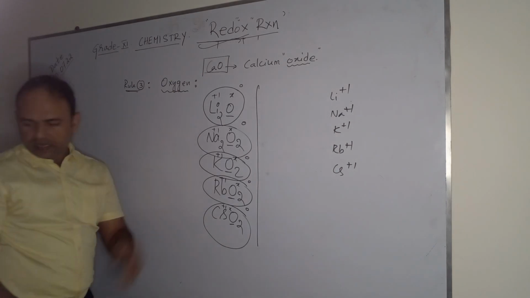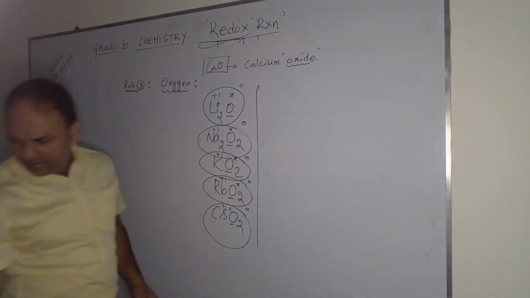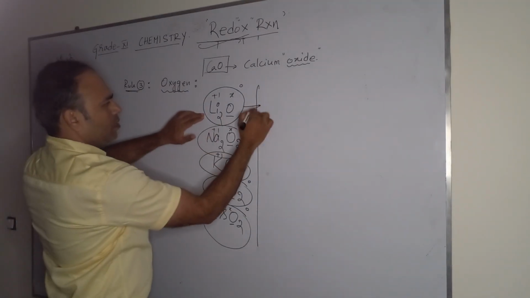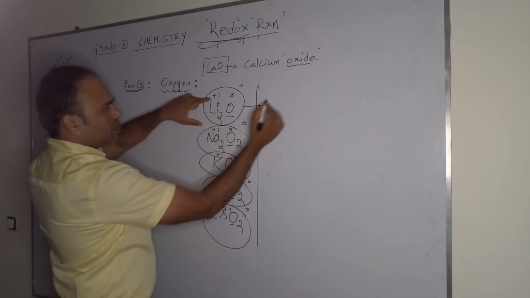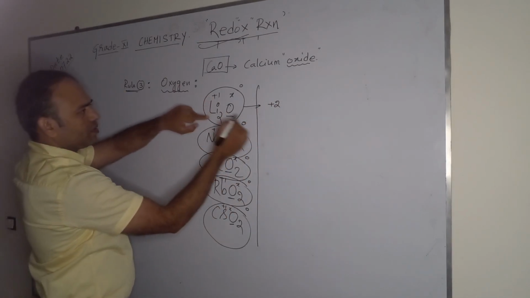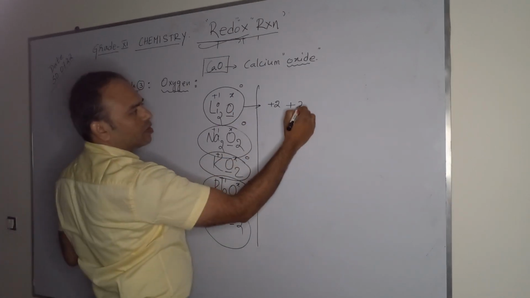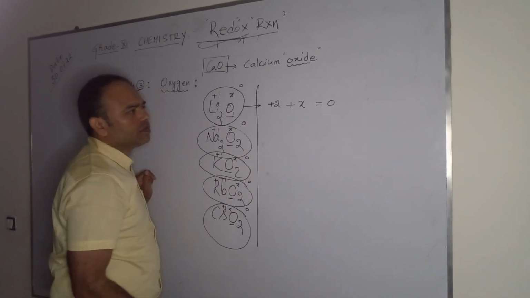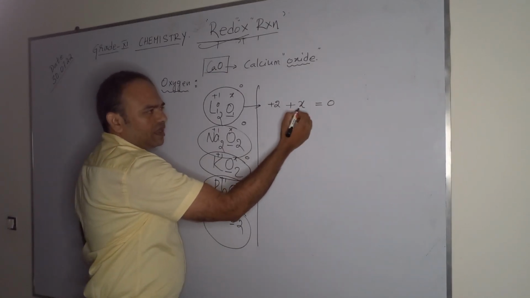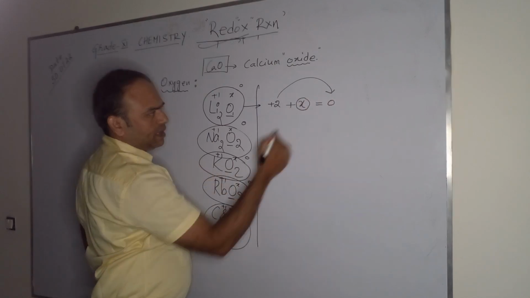Okay, now let us calculate the first equation. +1 into 2 is +2. Next, plus, here we have one oxygen, so X is equal to 0. I want to know X, therefore send 2 to the other side.